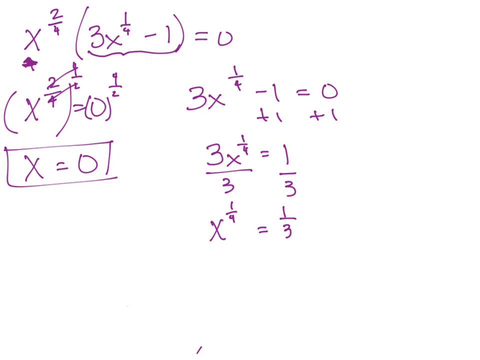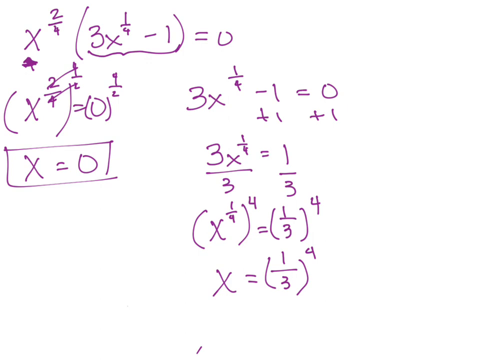And how do we get rid of that 1/4? Raise it to the reciprocal. What's the reciprocal of 1/4? 4. Do the same to both sides. Raise it to the 4th power. So we're left with x is equal to, how do I handle 1/3 to the 4th power? Anybody remember when I raise a quotient to a power?